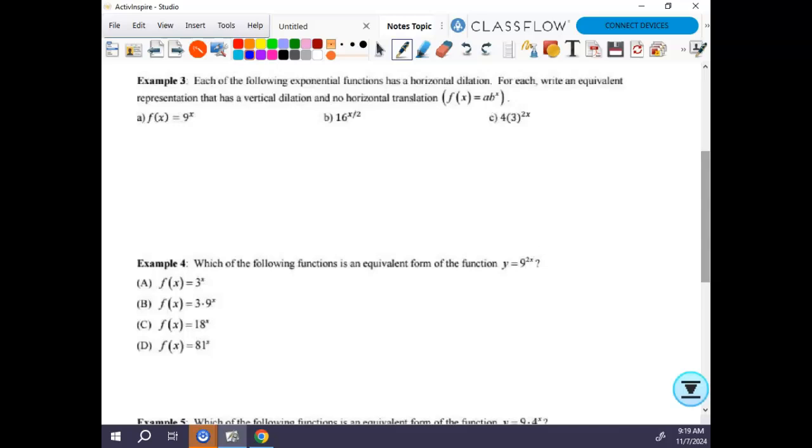It says each of the following has a horizontal dilation, which they actually don't because A doesn't. But either way, we're going to mark all this out, and our instructions are going to become find an equivalent representation, because truly that's what the directions are going to be.